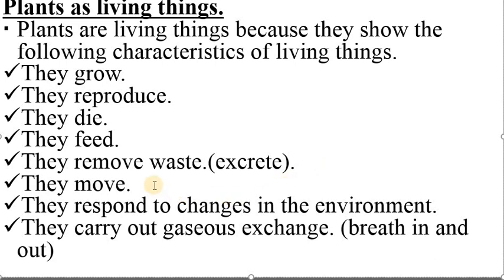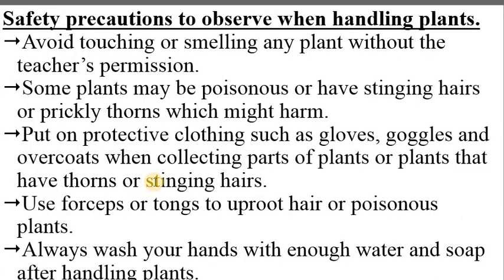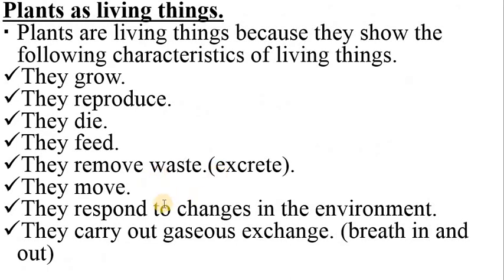Then plants are also able to move. Now, the movement of plants and the movement of animals is not the same. Animals move, changing position completely, but plants maintain a similar position but move about the constant position. Then second last, we talk about plants responding to changes in the environment.